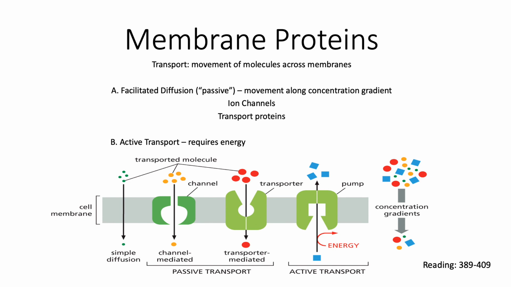And then the second class is what we call active transport, which requires energy. And what happens with active transport, it's also shown on that figure on the bottom, is that it moves compounds, ions, molecules against the concentration gradient.